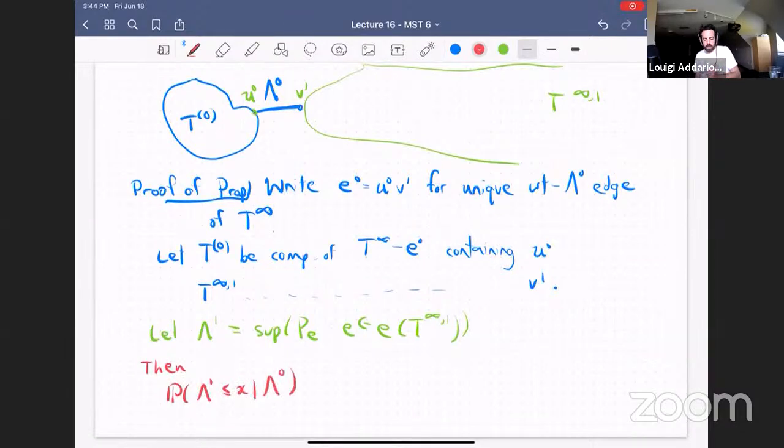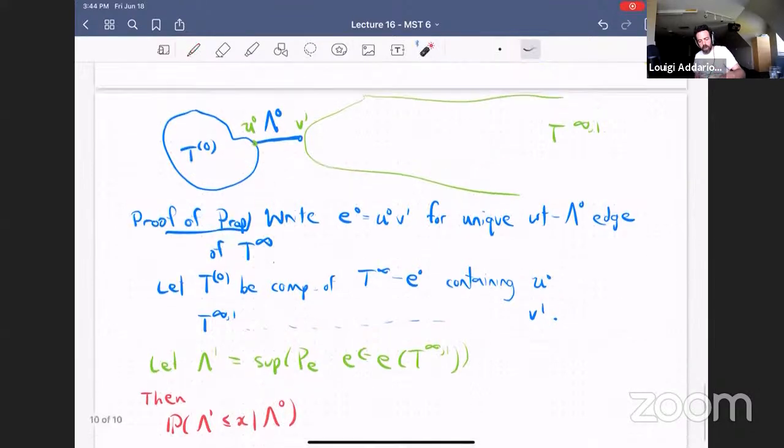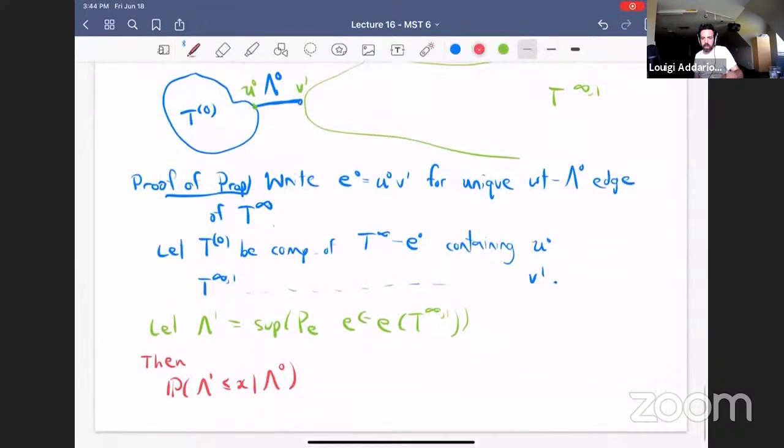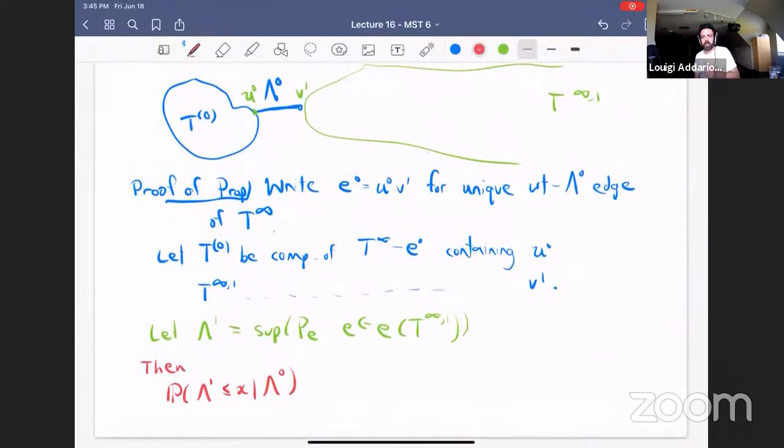Over here we know that you can explore infinitely far with edges of weight less than lambda naught. That's just saying that when you do percolation with parameter lambda naught on this tree, you see an infinite tree. Now we want to know how much you can lower the parameter and still get an infinite tree. So this is the same as the probability that the tree rooted at V1 percolates at parameter X, given that it percolates at parameter lambda naught.